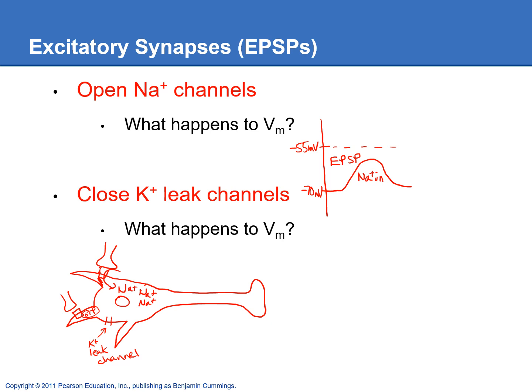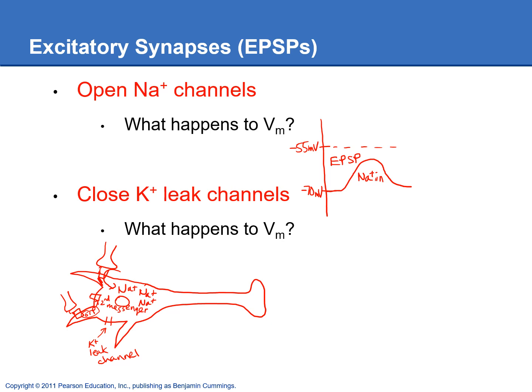The other way to do this is if we have neurotransmitter binding to a G protein linked receptor, and the G protein takes off, binds to an enzyme, we create a second messenger. Sorry, my drawing is a little small here. And the second messenger ends up phosphorylating some proteins.